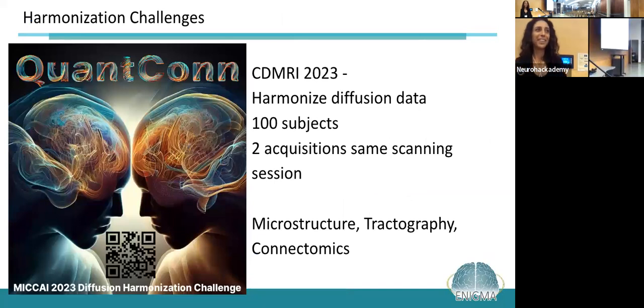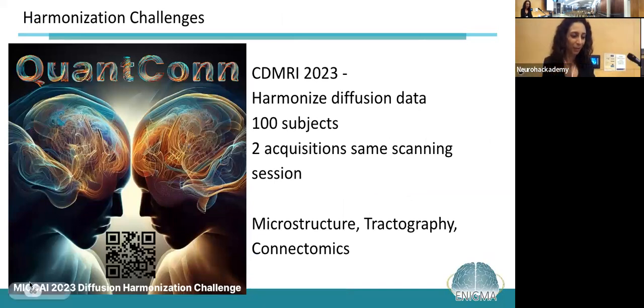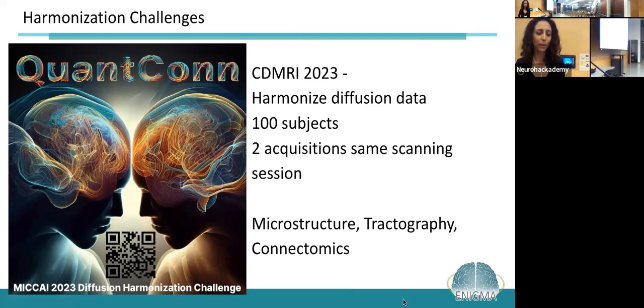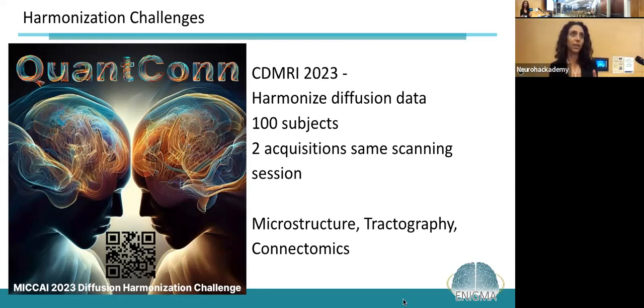For diffusion, I wanted to put in a little plug for the MICCAI diffusion harmonization challenge. When we test the results, we're testing how well microstructure was harmonized, how well tractography was harmonized, and how well connectomics measures were harmonized. We have 100 subjects that were acquired with 2 completely different diffusion protocols at the same session.